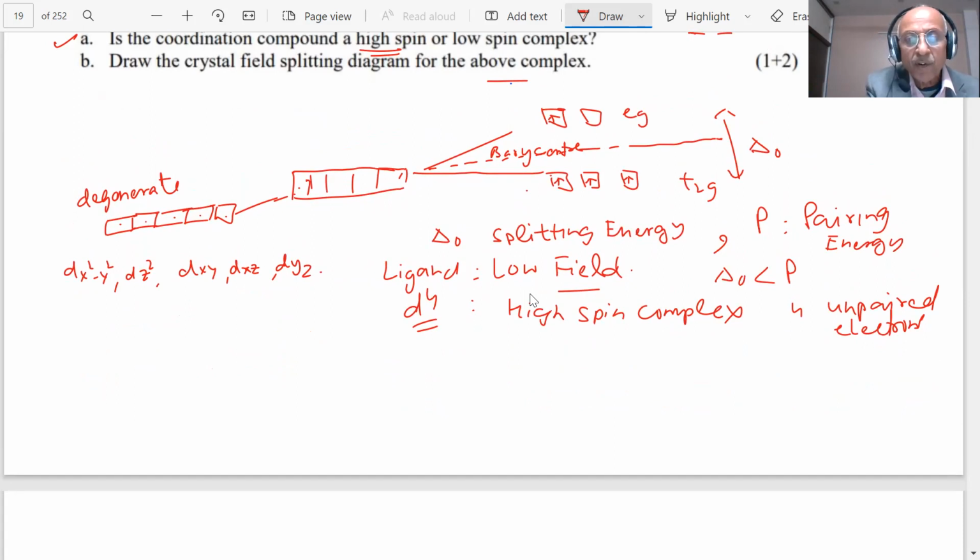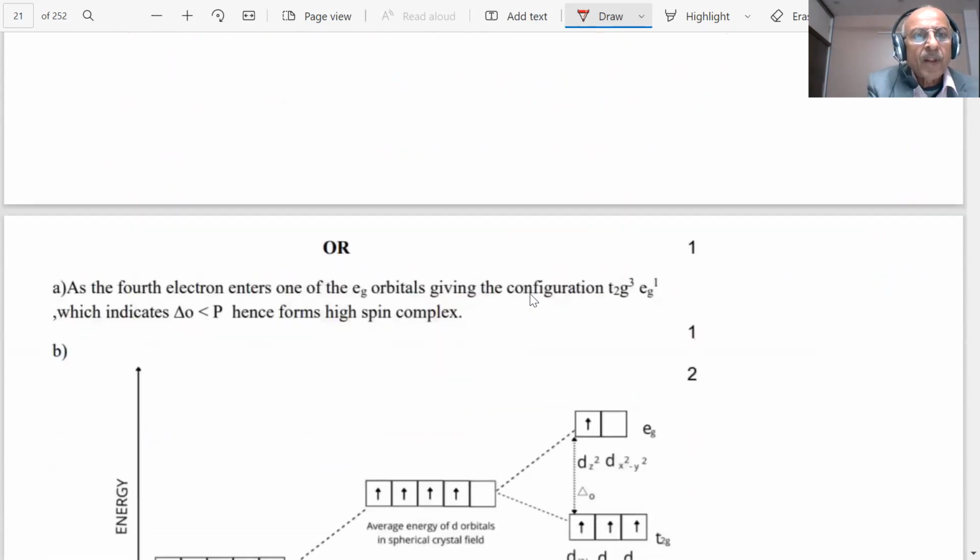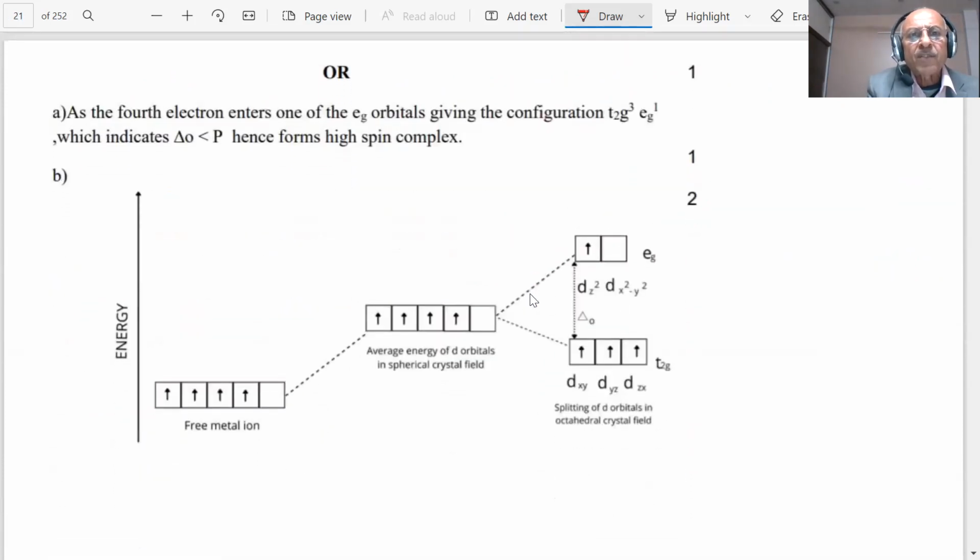First we discussed crystal field, now the ligand field theory. As the fourth electron goes to eg, giving configuration t2g3 eg1, which indicates delta 0 is less, hence it forms a high spin complex. That's what we are saying.